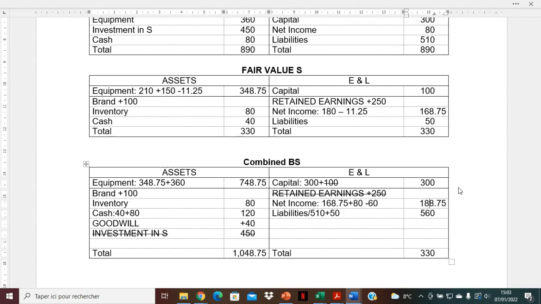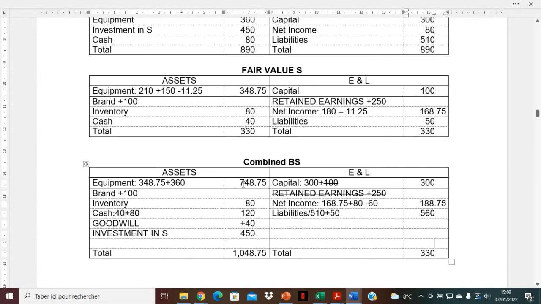Something is wrong here. 240. No, it's okay. So we have 80, a profit for the parent company, and 108 is the post-acquisition profit of the subsidiary. And we have 560 here. That means overall we are done.